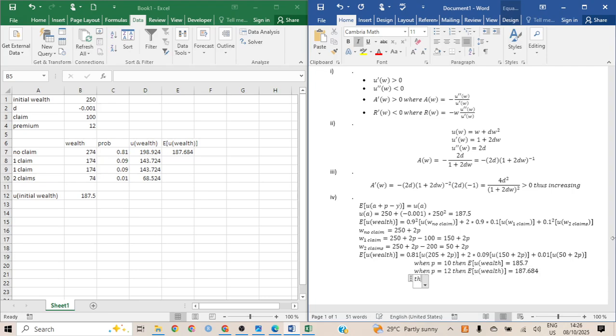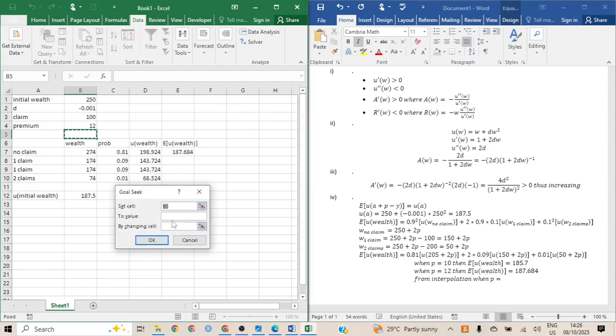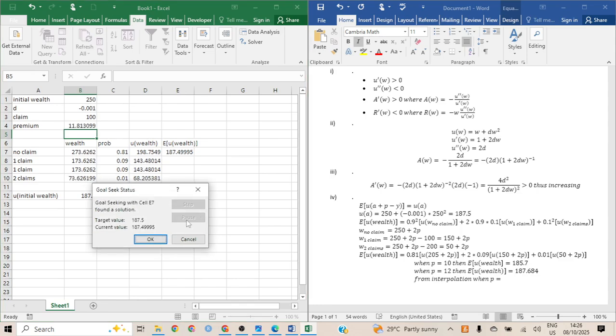and then from interpolation, when p is, you remember our answer, let me just do it again to show you. Goal seek by changing this value here. We set cell that to 187.5.